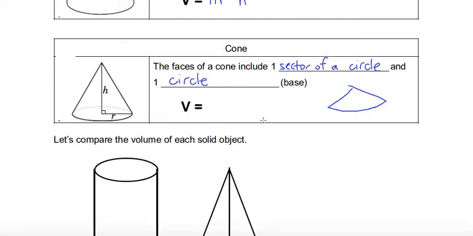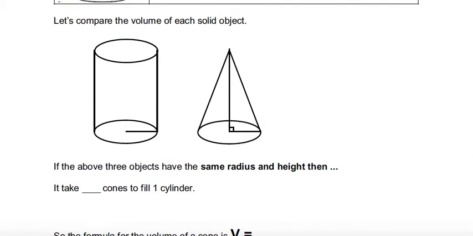So if I wanted to figure out the volume of a cone, I can do a similar method when I looked at the volume of a rectangular prism versus the area of a pyramid. So if I was to say that these two shapes here, I have a cylinder as my first shape, and I have a cone as my second shape.